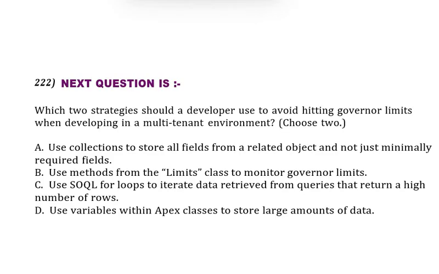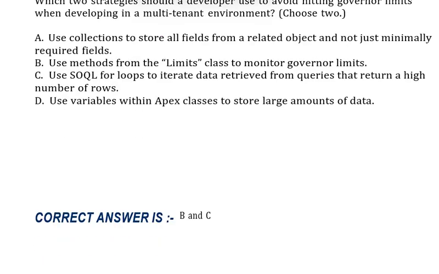Option B, use methods from the Limits class to monitor governor limits. Option C, use SOQL for loops to iterate data retrieved from queries that return a high number of rows. Option D, use variables within Apex classes to store large amount of data. Correct answer is option B and option C.